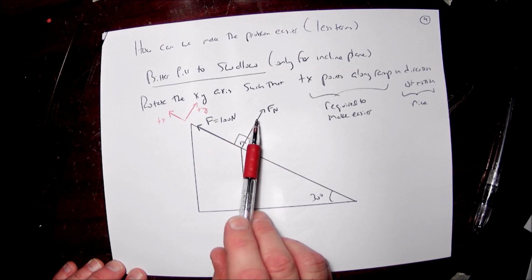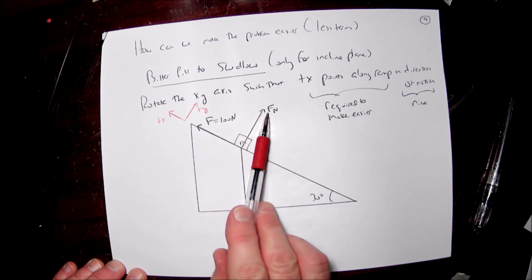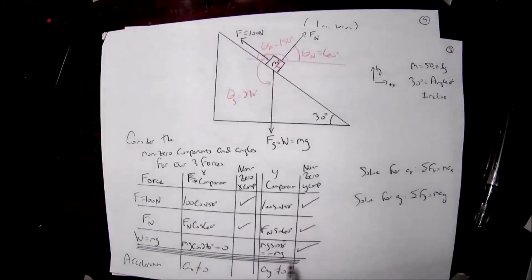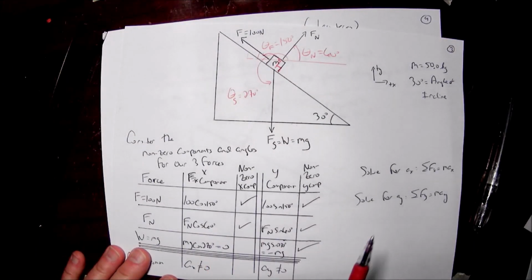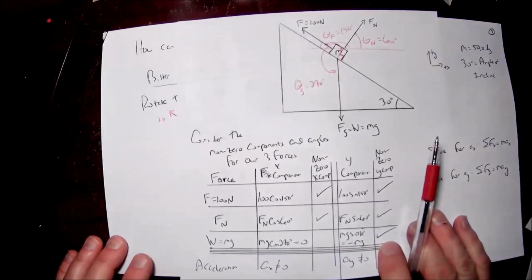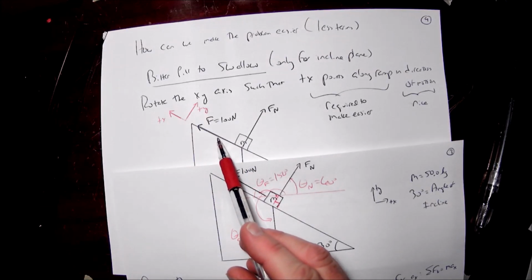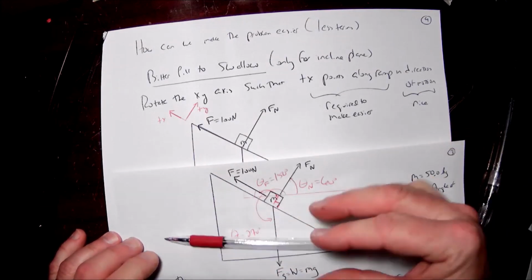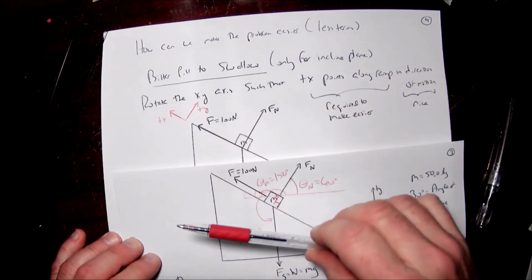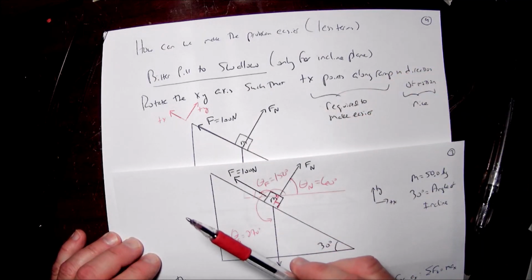So now, really fast, you can maybe see what's going to happen. The normal force no longer will have an x component in this new system. It will only have a y component. Woohoo! And you can see what's going to happen to our pulling force along the ramp. When you pull along a ramp, you don't have to. I could come in here and push along this angle, and I'd have to live with some hard algebra and a few more angles.